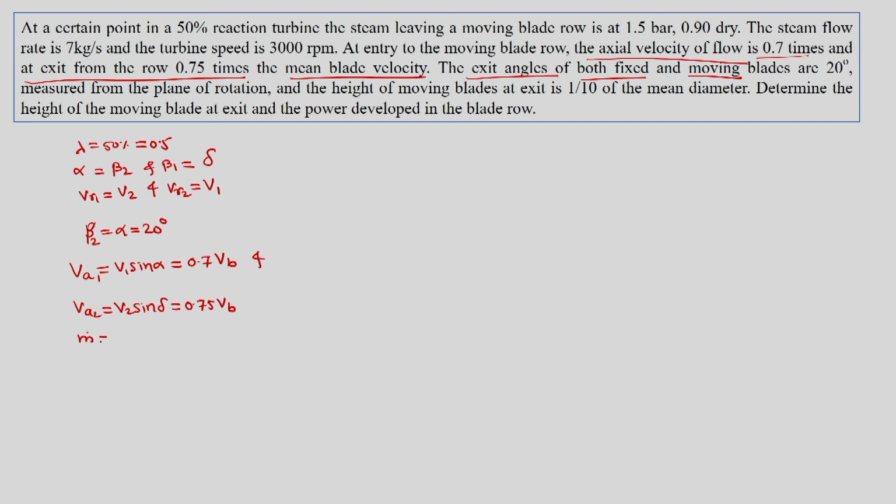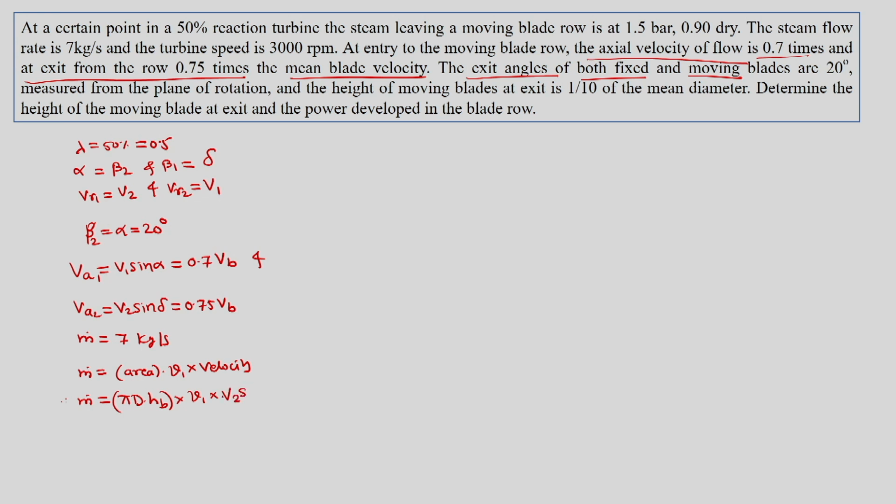Further, it is told that m dot is equal to 7 kg per second. We know m dot is equal to area into specific volume into velocity. So m dot is pi d into hb into specific volume into velocity.